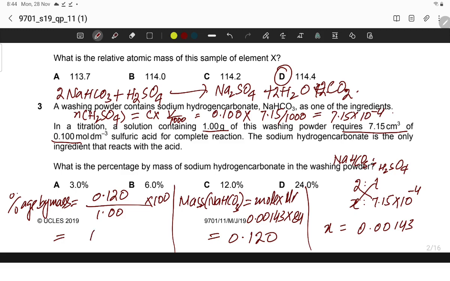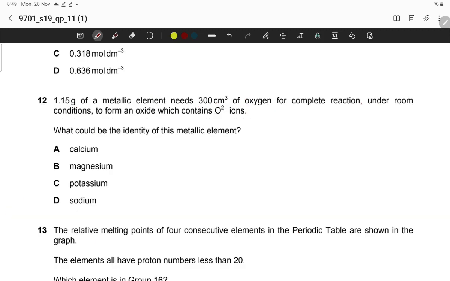The answer is 12.0 percent. C option is correct.